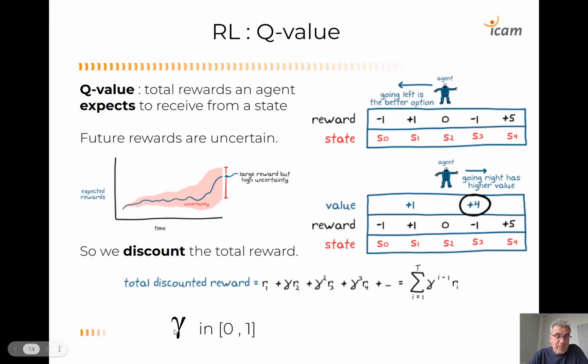The discount is a gamma factor, a number between 0 and 1, usually close to 1. The total discounted reward is equal to the next reward, here for example -1, plus the next reward, +5, discounted by this factor gamma. So it's not really +5, but +5 multiplied by something like 0.9, for example. This is the formula to compute the total discounted reward using the gamma factor.